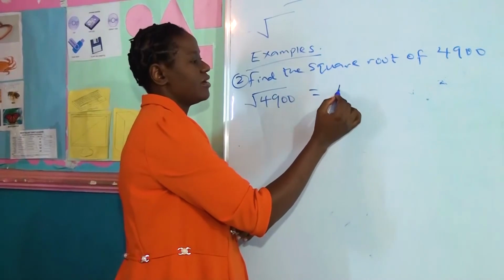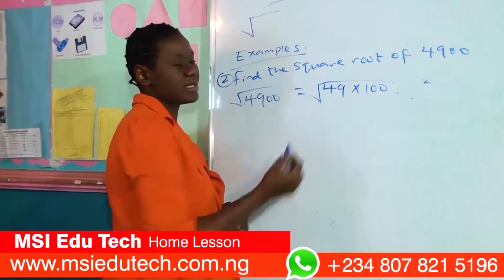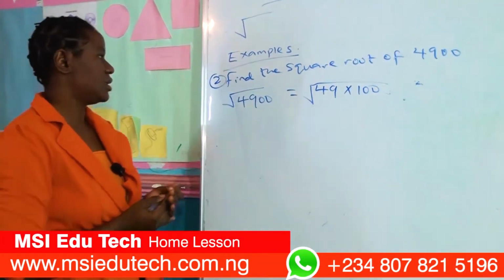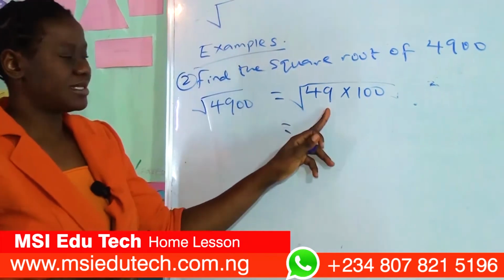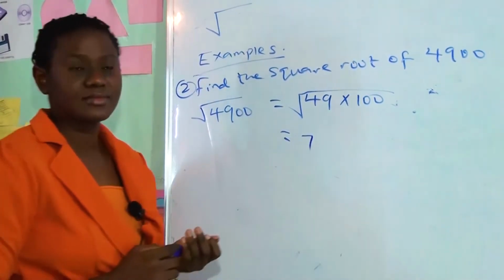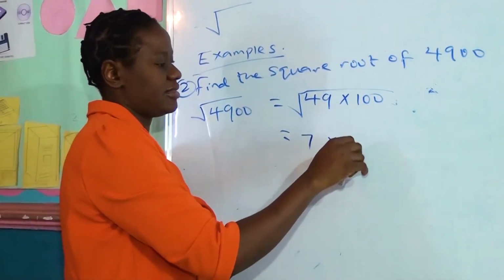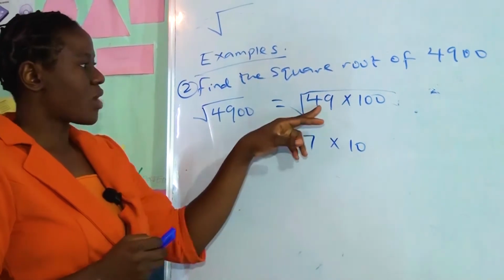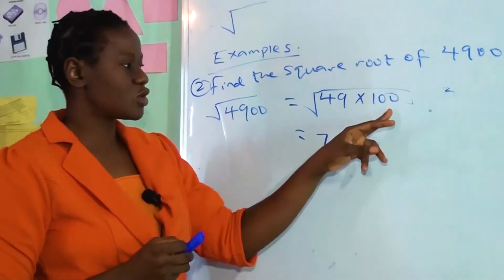So we are looking for the square root of 49 times 100. The square root of 49 is 7, and the square root of 100 is 10. 7 times 7 will give us 49, 10 times 10 will give us 100.